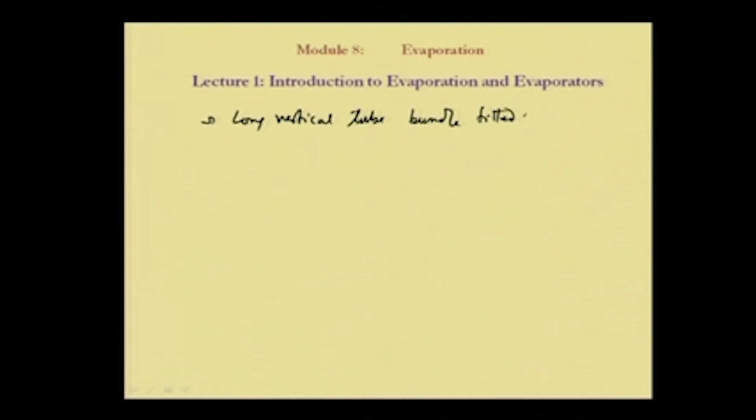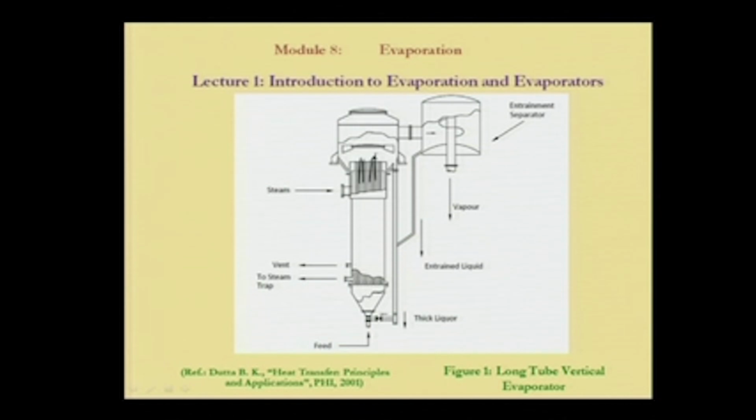fitted with a shell, and feed enters at the bottom and flows through the tube once. The important thing is that the feed goes like this, and there is a separator plate where the entrainment is to be stopped, and then the vapor goes to this entrainment separator, and then vapor comes out like this, and the entrained liquid comes out like this.